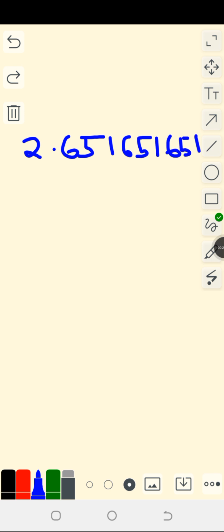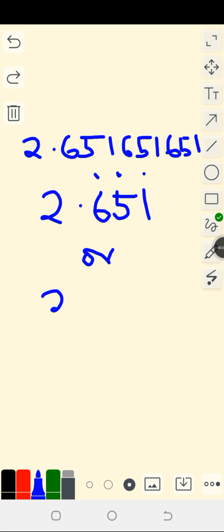You should know this by now, that a simpler way of writing this would be 2.651 with a dot at the top of each of the numbers, or 2.651 with a dash at the top of the three numbers to show that all of those numbers, in that order, are recurring. We call it a repeated decimal too. If you don't call it recurring, you can call it a repeated decimal.